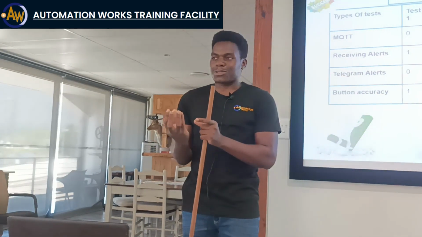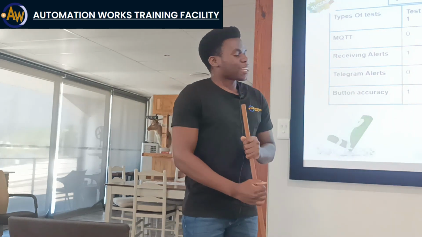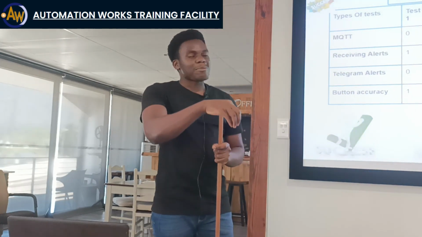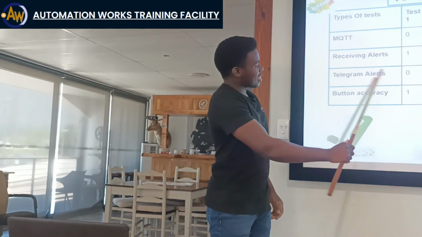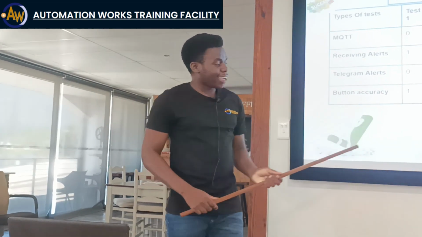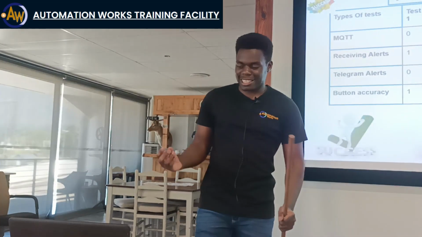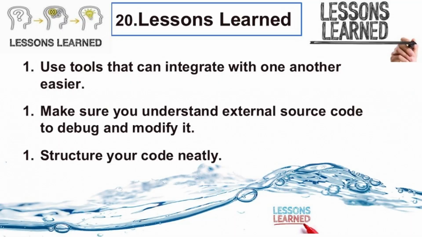So I thought the bot would be the group itself instead of me having to make a group. So I tried to add members onto the bot instead of adding members to a group. So yeah, I first had some difficulty with that in the beginning. And then to test my button, I had 100% accuracy because it was quite a simple thing to do. So my button is essentially my float switch.